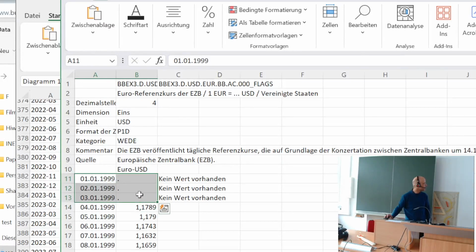So this 1st of January, well, there we don't work. And I think the second and third was a weekend in 99. And here you have just a single point in your data. And then sometimes if I would directly create a diagram, the software doesn't know what to do with a point.